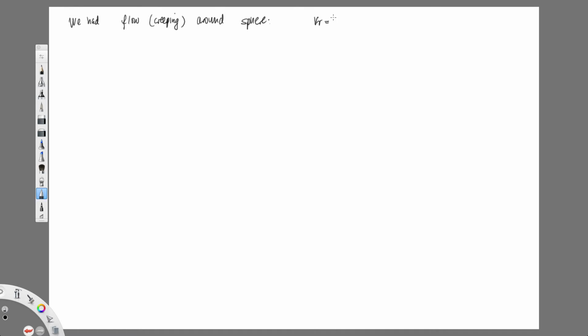And my Vr was assumed to be Vr of r, theta. V theta was V theta of r, theta, and V phi was 0. And if you recall, we had a sphere, and basically there's that V infinity away from the sphere.